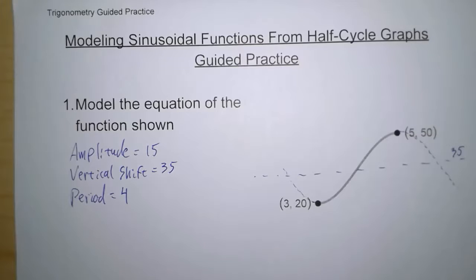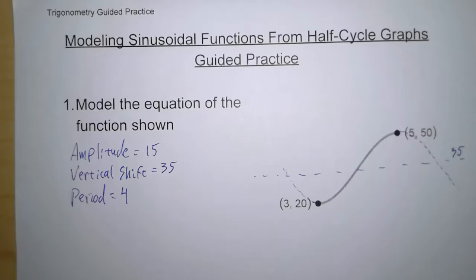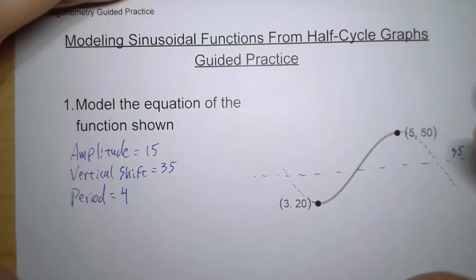Now for phase shift, what's interesting is, unlike the other videos that we have, this one doesn't say that it has to be a sine or a cosine graph. So I'm going to give you two different equations. For one, I'm going to give you the phase shift for cosine.